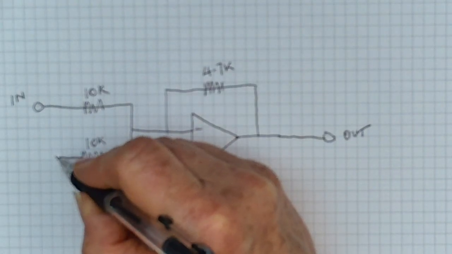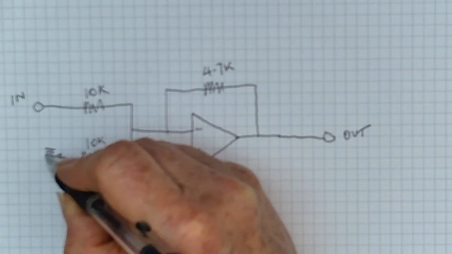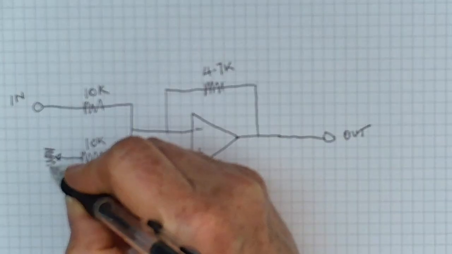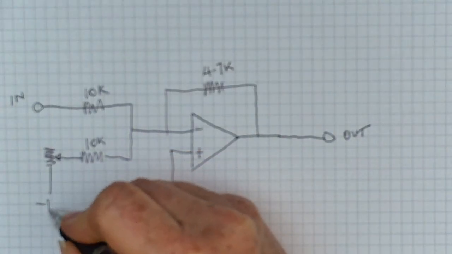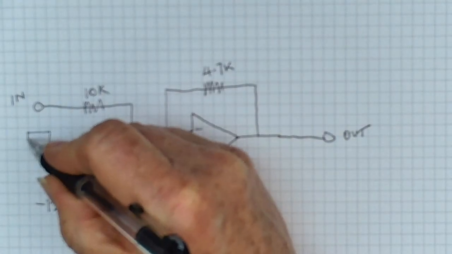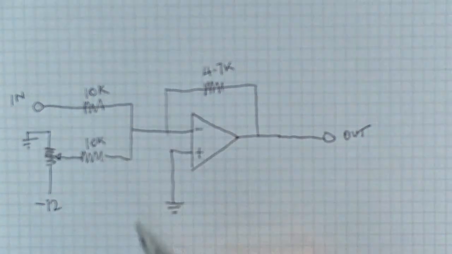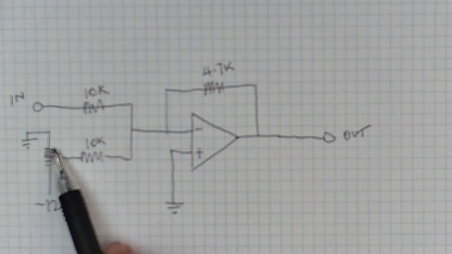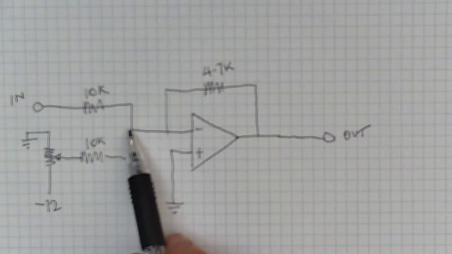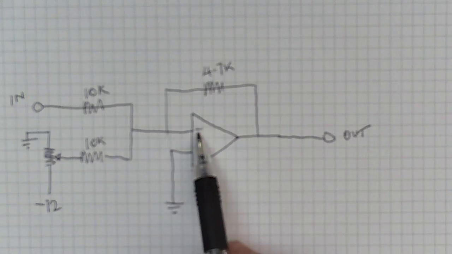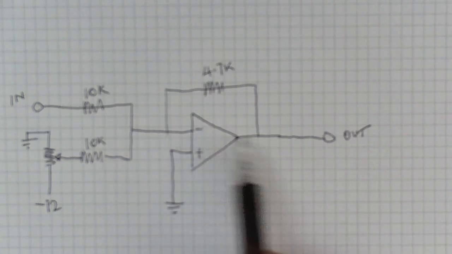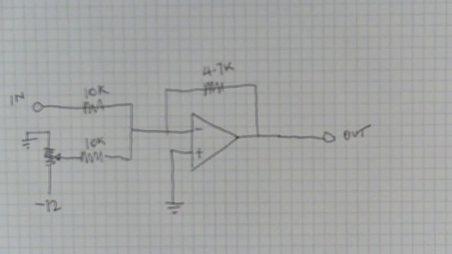And now what we're going to do is we're going to put a variable resistor in. We're going to tie it to negative 12 volts and ground, and then by using the attenuator we can match the voltage so that it rises at the negative input to center the output at 2.5 volts.